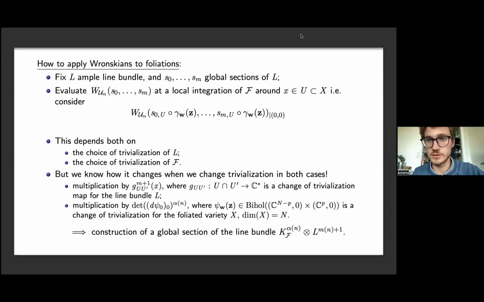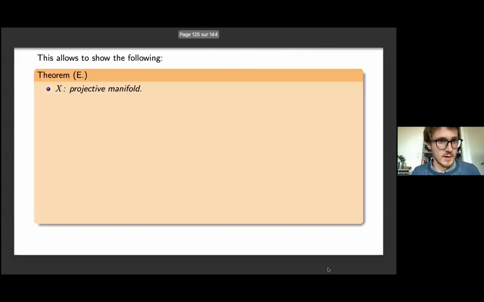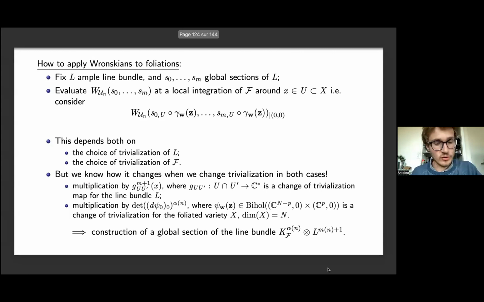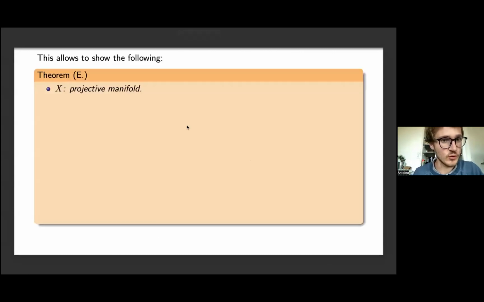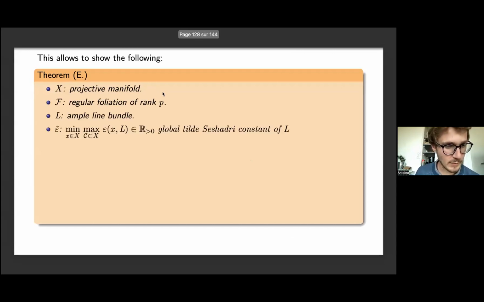Okay, so this construction allows us to show the following. If you take X a projective manifold, F a regular foliation of rank p on it, L an ample line bundle on it, and here we will denote by epsilon tilde the global Seshadri constant of L. So I will not define it, it's not really important.